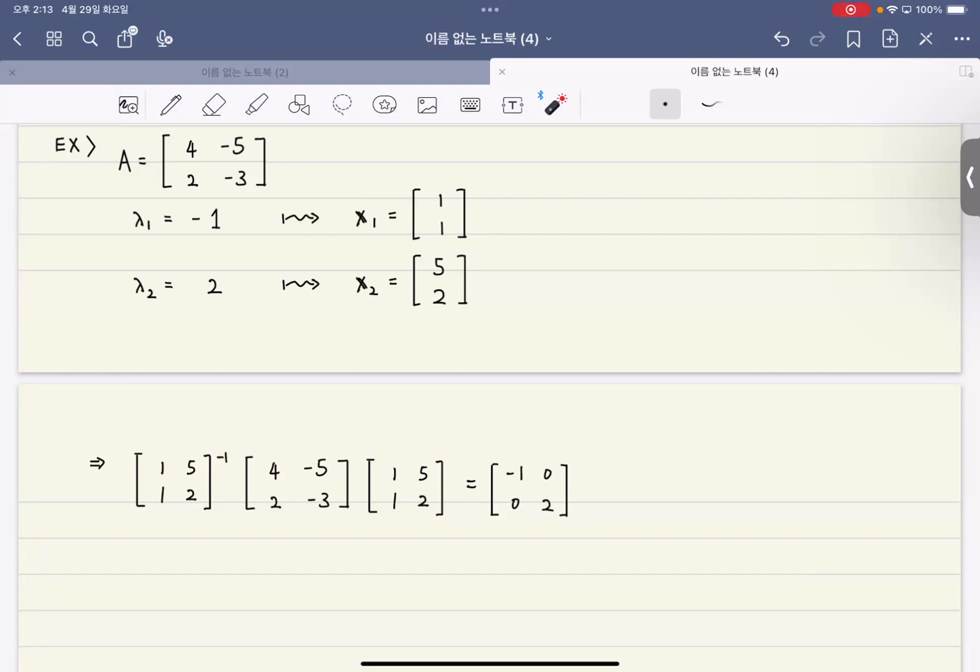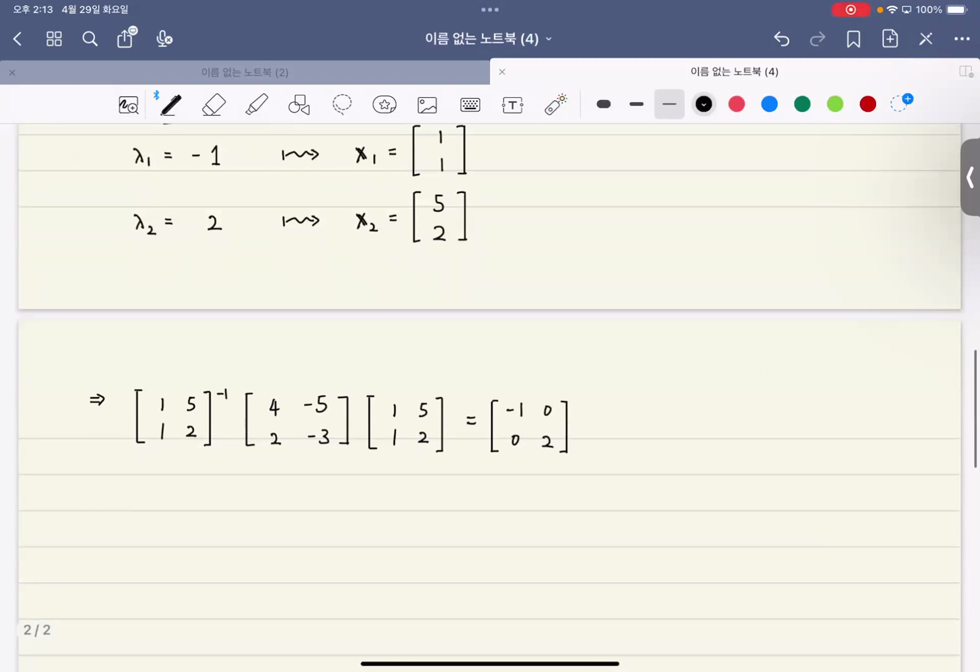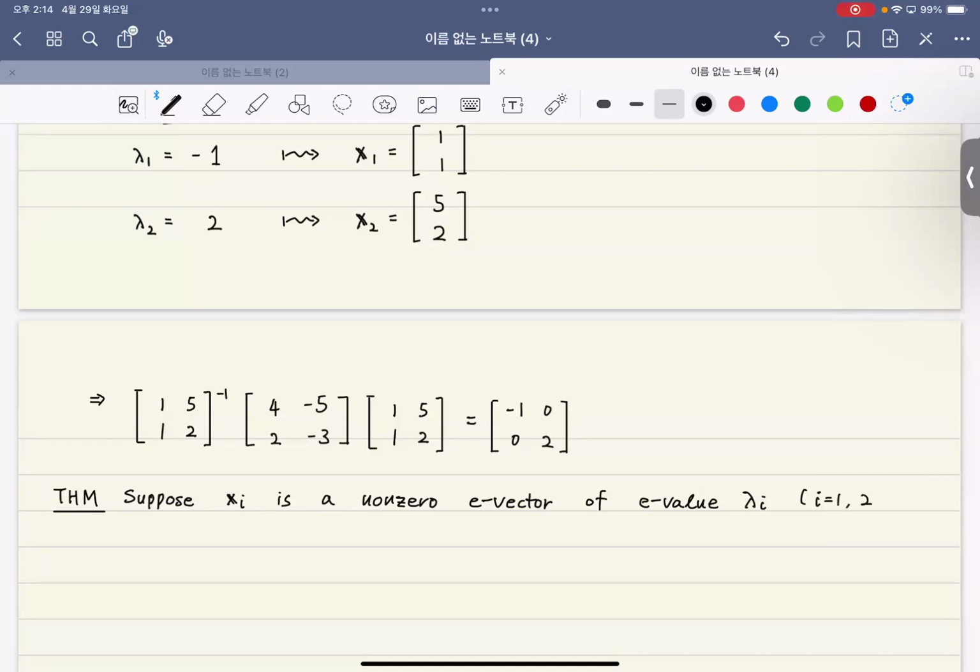The first very important theorem is: suppose xi is a non-zero eigenvector of an eigenvalue lambda i, where the index i varies from 1 to 2.